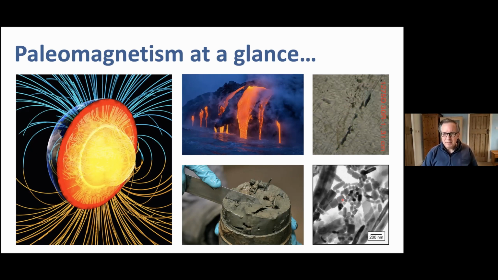So almost every material that we sample through IODP has a magnetic signature. Sometimes that's very weak, in the case of pure carbonate-rich sediments, but it's often a very strong signal and easy to detect.